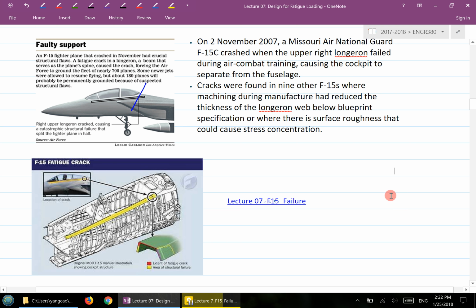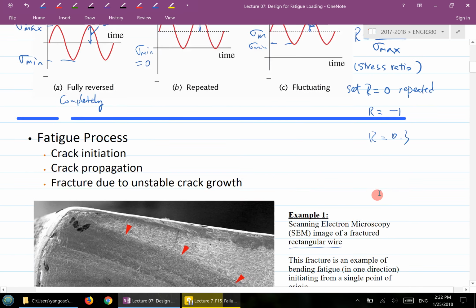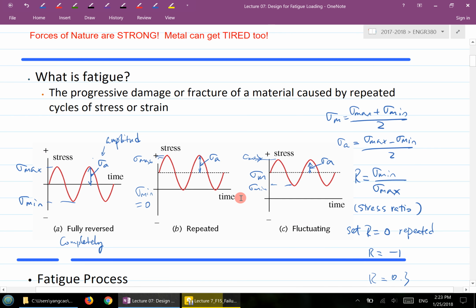How do we prevent fatigue failure from happening? Or even, how do we predict when this fatigue loading will happen? So you have a cyclic loading here, and every cycle will cause damage. Then the question is, how many cycles can I predict before this part will fail?